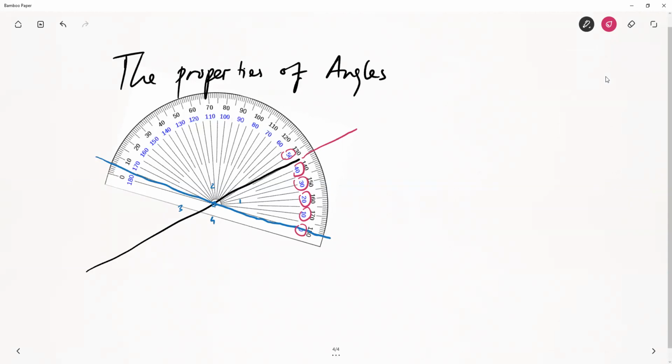So now we look at this smaller scale here: 41, 42, 43, 44, and 45. That means this angle, the smaller one, is about 45 degrees. Normally when we have an angle less than 90 degrees, we call it an acute angle.